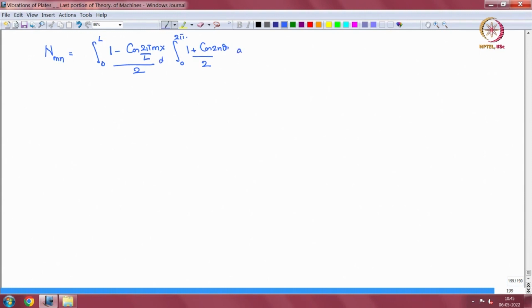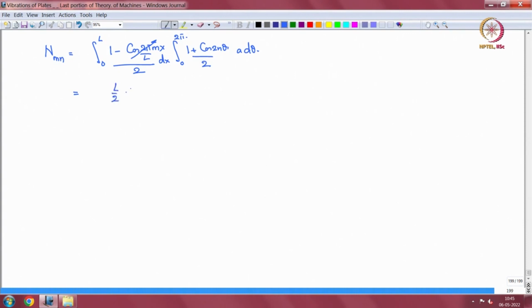I put dx here and a d theta here. So this gives me L by 2; cos 2m pi x by L integrates to 0 over the length, so this part goes to 0, and I get L by 2 from here.